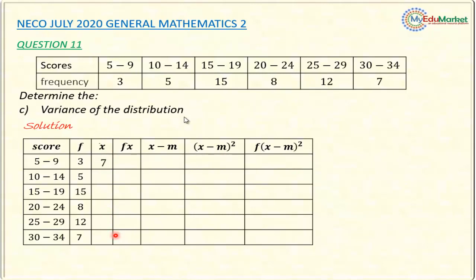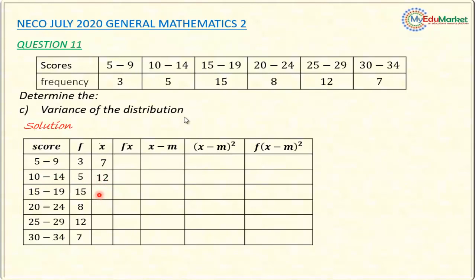The very first column is to get the class mid value, that is the x bar. The class mid value here is 7. Why 7? I added 5 and 9 to get 14 and divided 14 by 2, that will be 7. The next class mid value is 10 plus 14 to get 24, and 24 divided by 2, the result is 12.